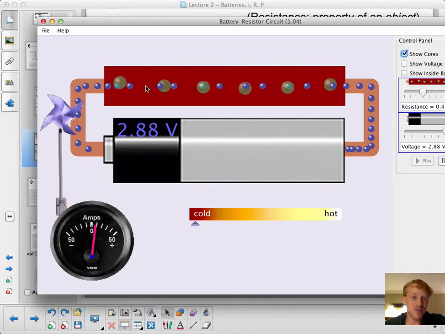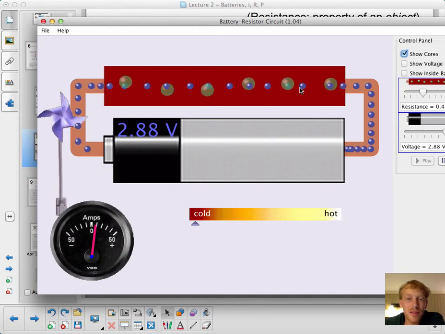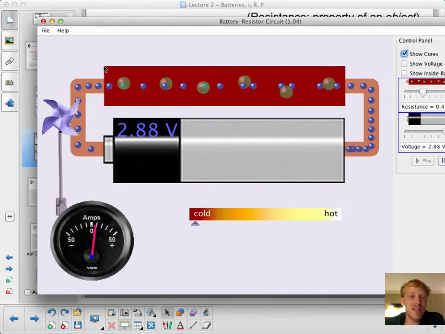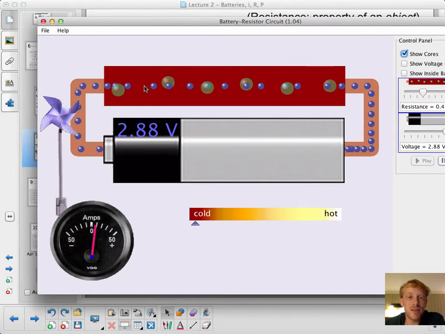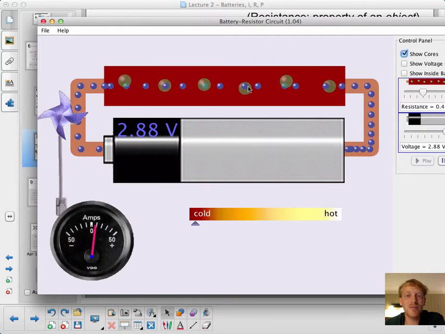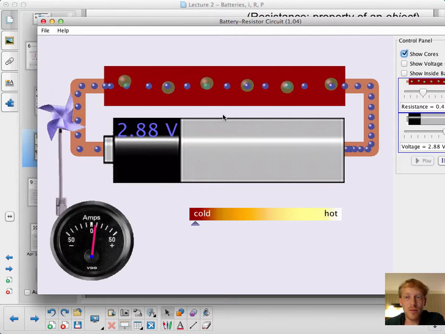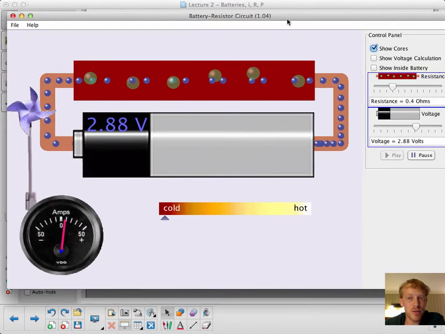The conventional current is going the opposite direction. But these electrons are colliding with stuff inside this resistor. This sort of dark maroon structure is a resistor. And see how the stuff inside it is colliding with the electrons and slowing them down. It's limiting the current. This pinwheel is there to measure the current.